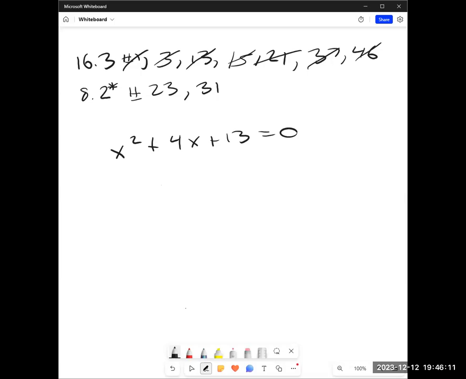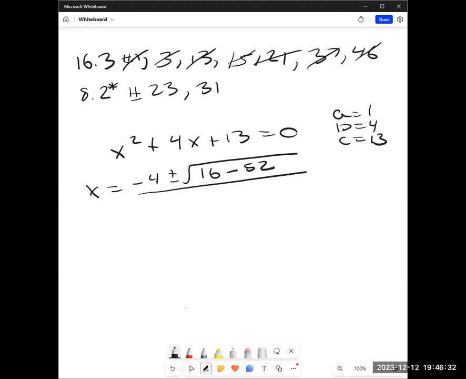So our A is 1, our B is 4, and our C is 13. So x equals -b plus or minus the square root of b squared minus 4ac. Uh-oh, that's going to give us a negative number all over 2a.